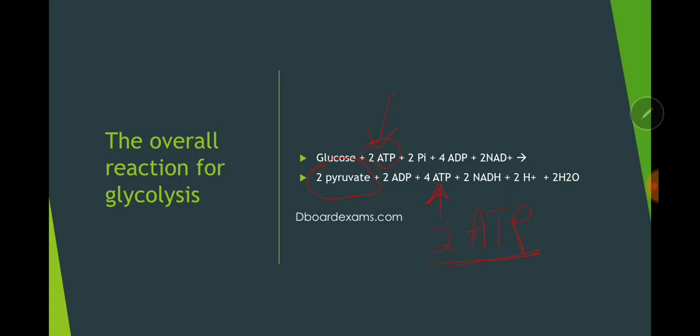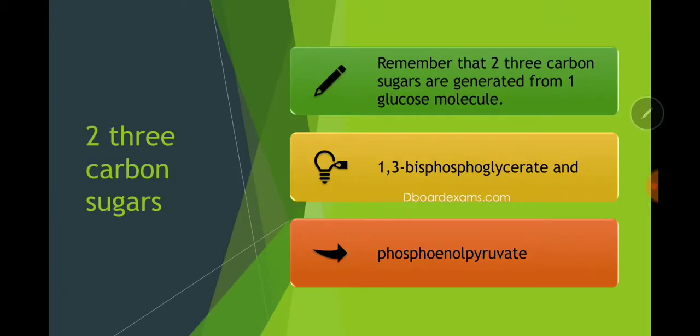Glycolysis produces a net of 2 ATPs. The total ATPs produced from 1 glucose molecule is 4, but the net is 2. You have to understand that distinction. All right, so let's move on.